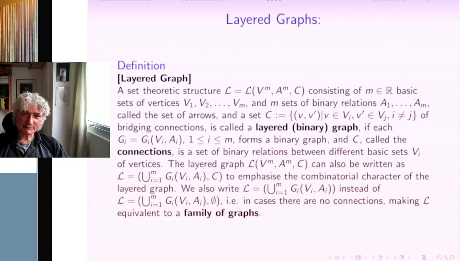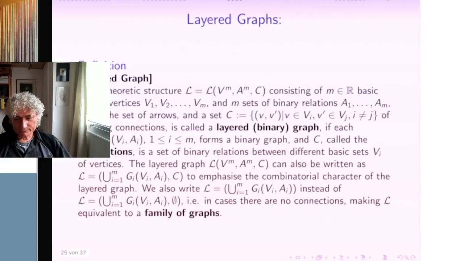In this case, you would have a connection in C between the airport and the train station of the airport. So this would be described by C.